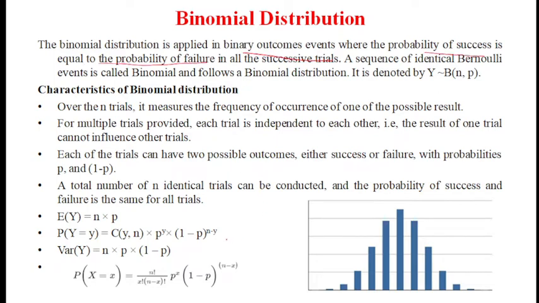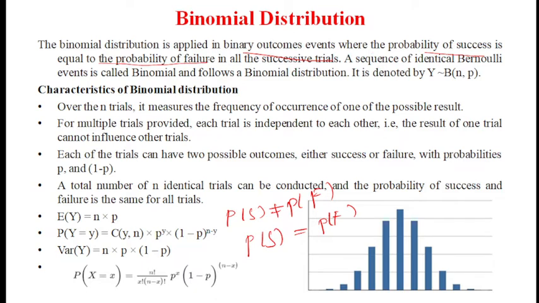What I told you in Bernoulli's distribution, probability of success is not the same as probability of failure, whereas in binomial distribution probability of success is the same as probability of failure.